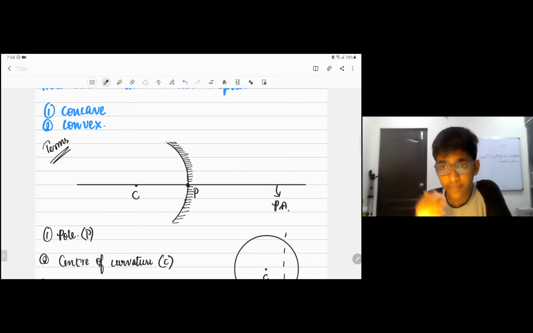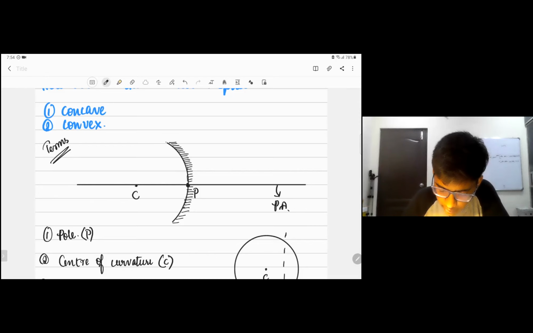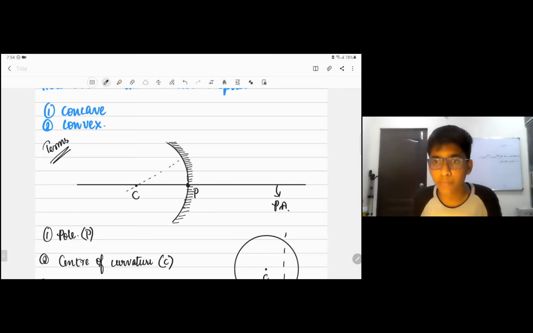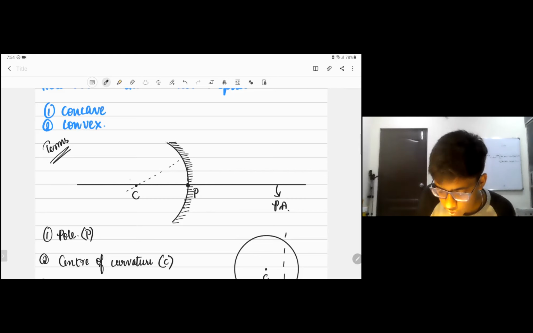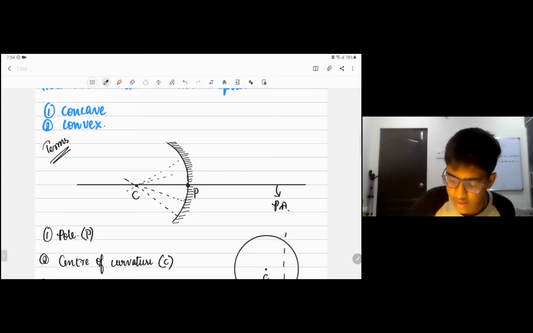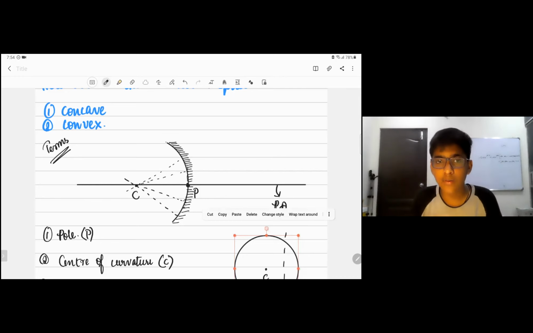To draw the normal, from the center of curvature you draw a dotted line to any point on the mirror. It can be like this. So this is the normal for spherical mirrors.